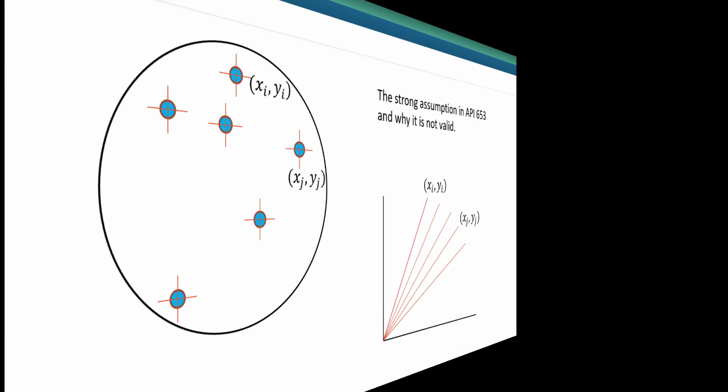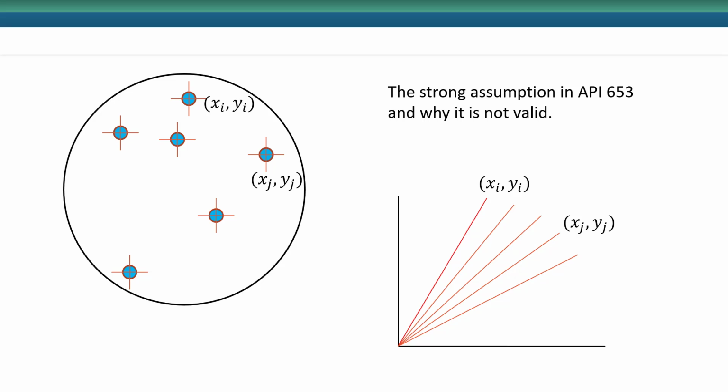The concept could only make sense if each XY point on the tank bottom, in other words, each unique location, had a unique and unchanging corrosion rate. This is a strong but also completely unrealistic assumption for a stochastic process like corrosion.